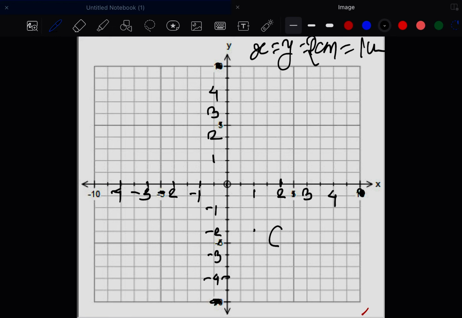This was the first point, this is the second point, and this is the third point. So let's tell the coordinates. The first coordinate is 2, 0. Here 1, minus 2, and here the coordinate is 0, minus 4. So these are the three coordinates. Now just join the line. We have to draw a line like this.